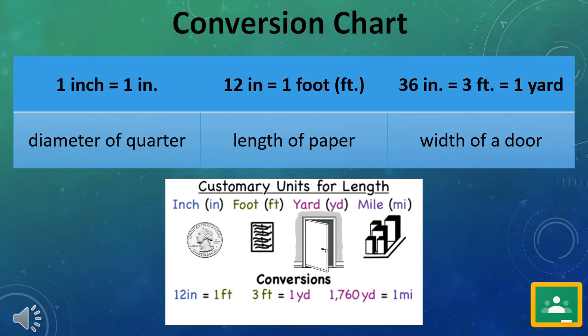This is really important information to remember because as you get older and you solve problems in the real world or in math class, you will really need to know these conversions, and it would really help if you could memorize them. But since we're still learning, we'll use a conversion chart to help us remember.